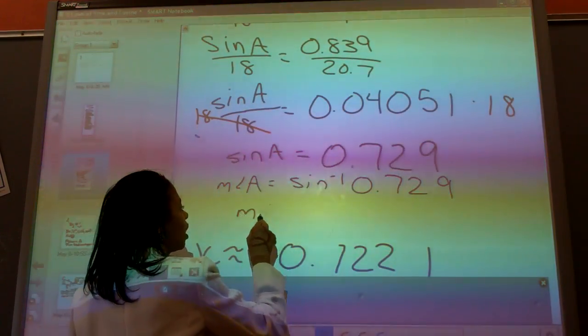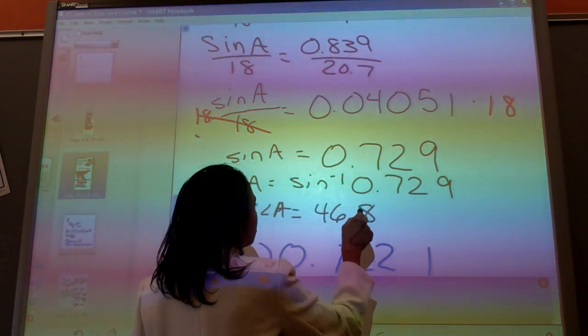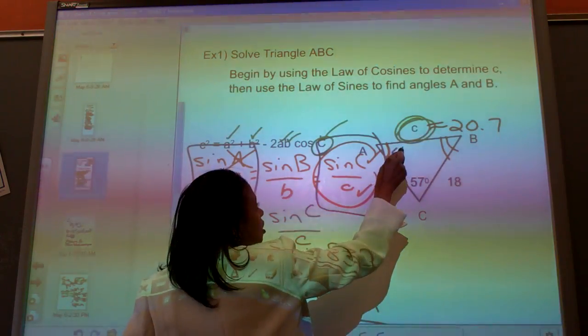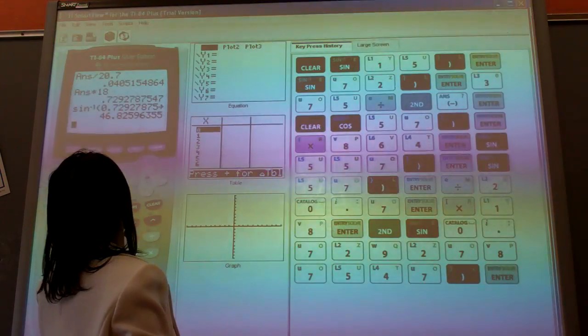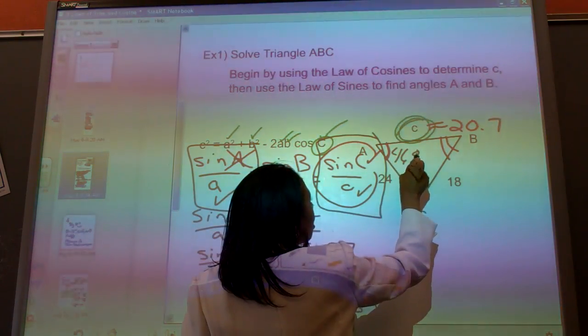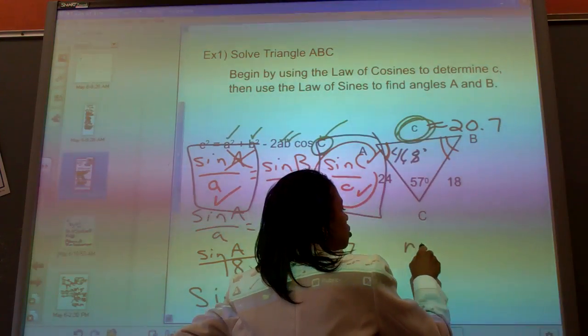So the measure of angle A is equal to this value here. I can come to the top and put 46 and 8/10 in here. And to find the measure of angle B, we just use what? The triangle sum theorem.